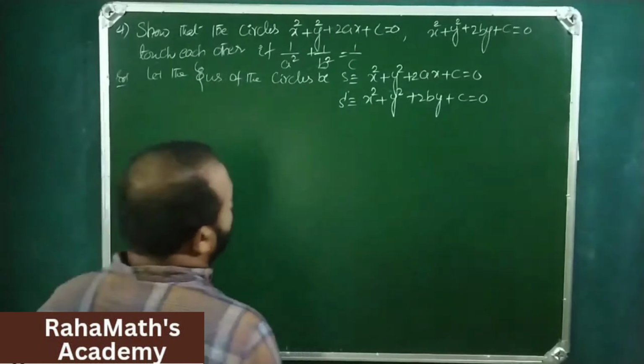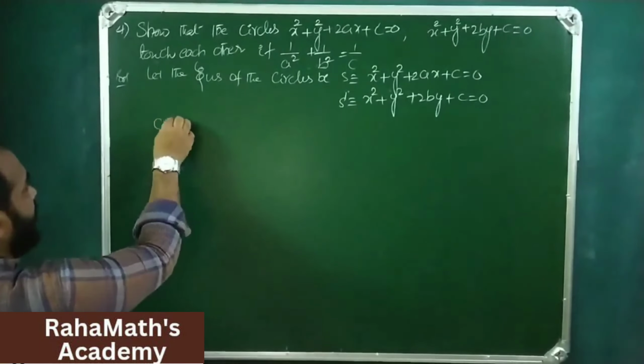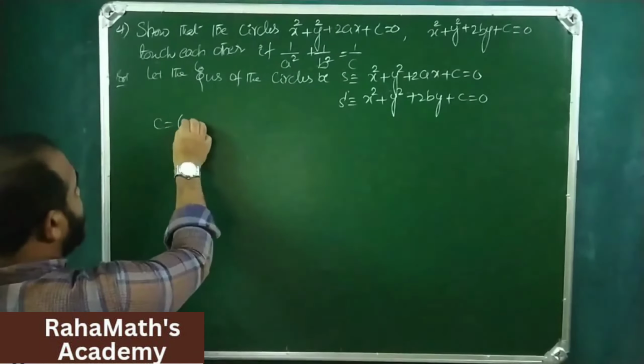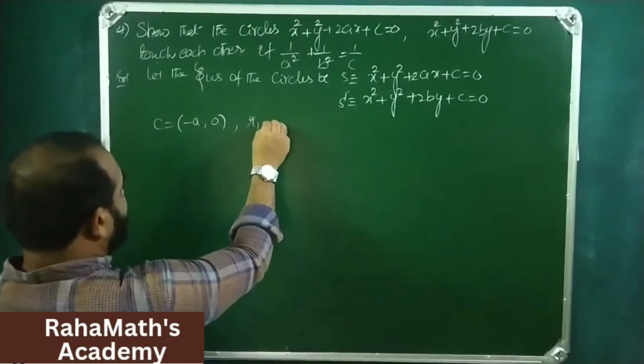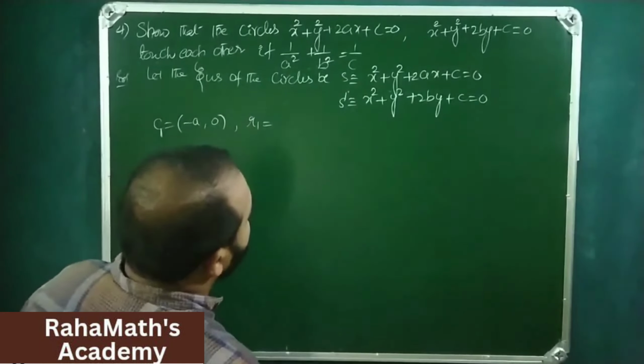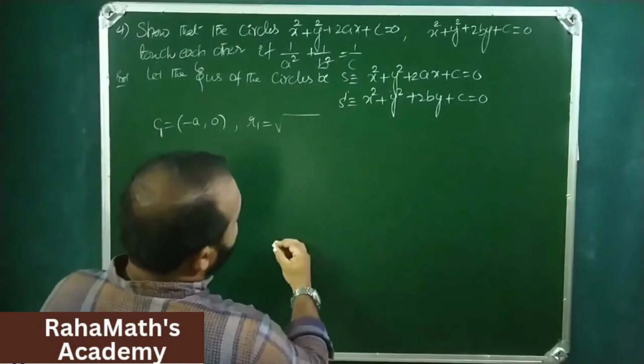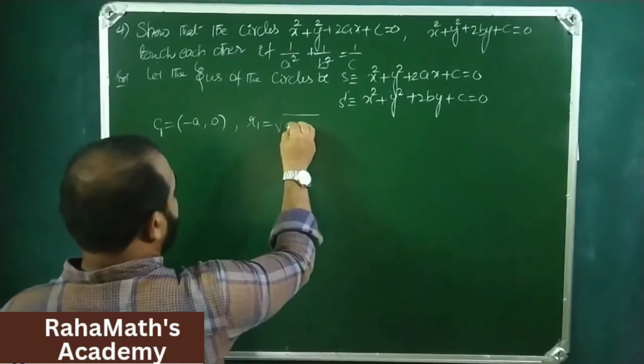So the center for the first circle C1 is minus a comma 0. The radius R1 is equal to square root of g square plus f square minus c, so square root of a square minus c.